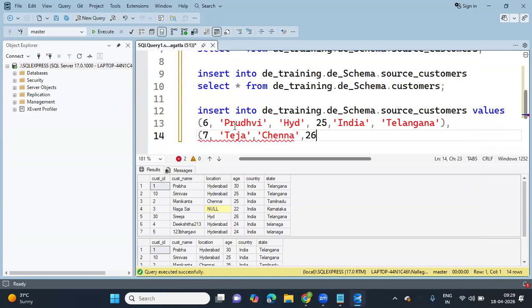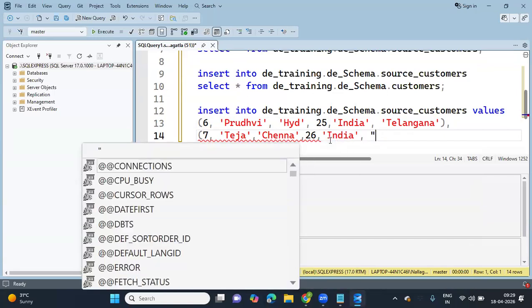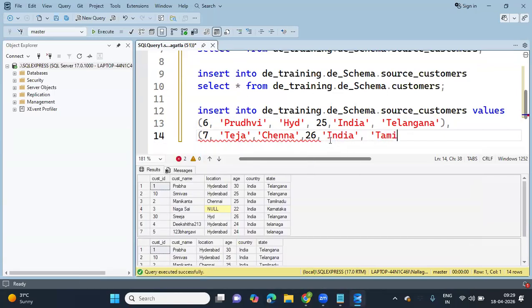And my age 26, and country is India, state is Tamil Nadu. Okay, I'm inserting two rows.